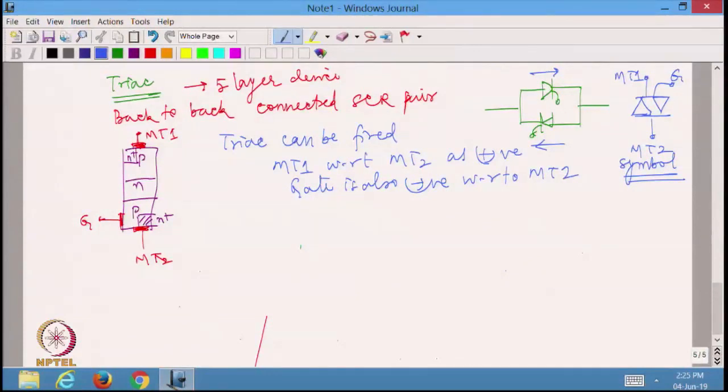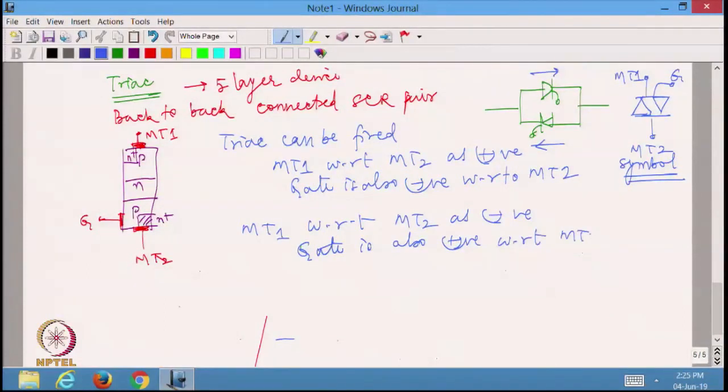Or I can have MT1 negative with respect to MT2, which means MT2 is positive, and at that point the gate is also positive with respect to MT2. So, the gate can be a positive or negative pulse, always measured with respect to MT2, and the TRIAC is fired in either direction.